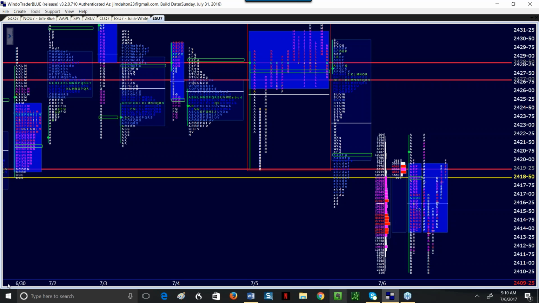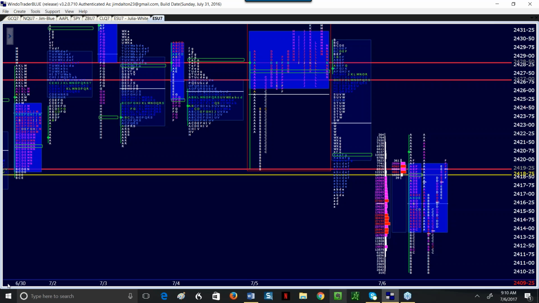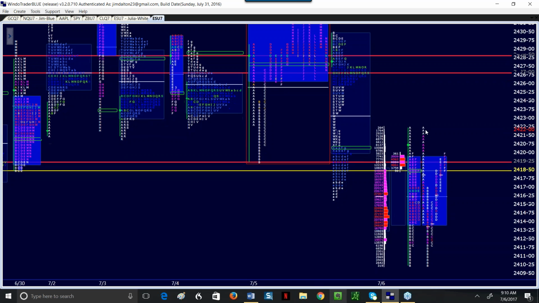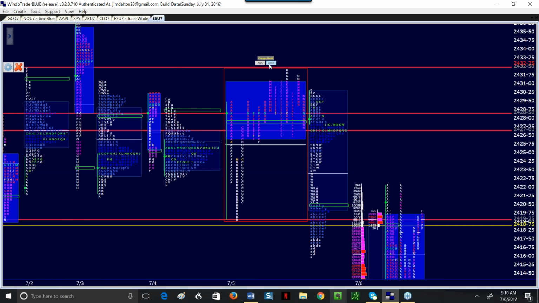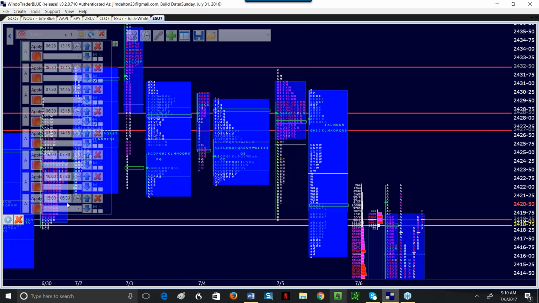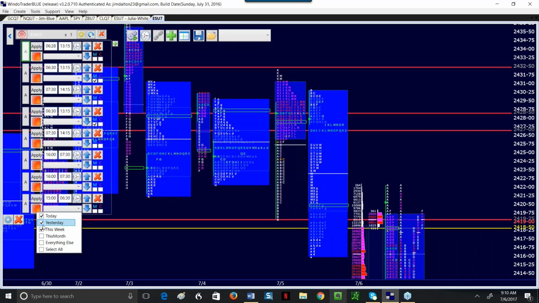Today's market did not correct overnight inventory. It was a sign of the market being weak. Now, once the market opens, I'm going to take out the overnight inventory for the other markets, though I'll leave last night's in.